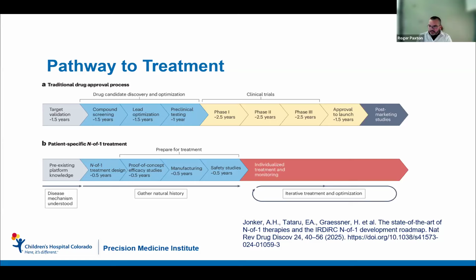And what we can see here is that, very interestingly, in developing and treating with InnovOne, we compress phases 1 through 3, and then post-marketing studies essentially into what we see here in the red, individualized treatment and monitoring. So these are most frequently, by definition, first-in-human studies, and moving through safety and efficacy as well, and then, of course, monitoring and optimization.